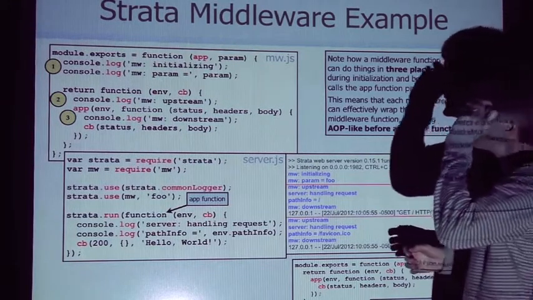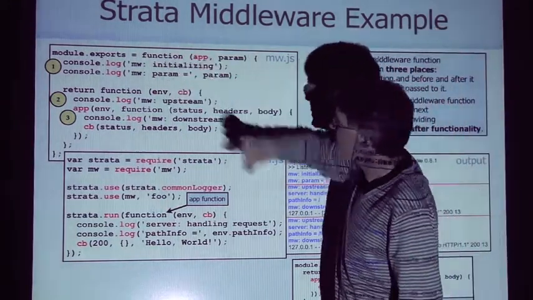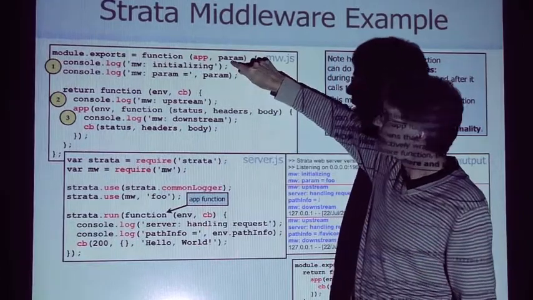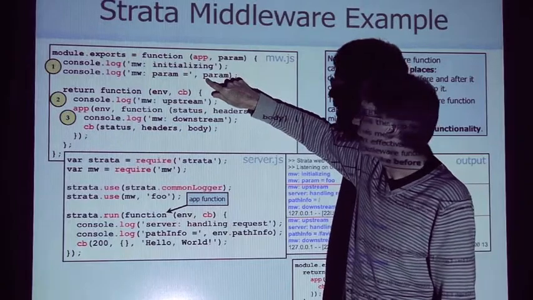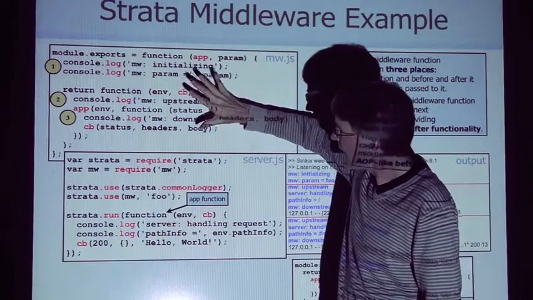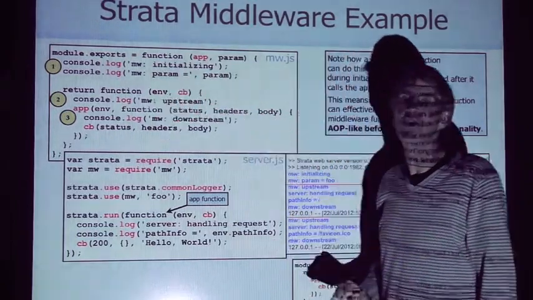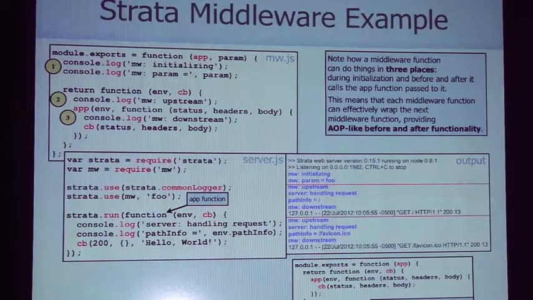The thing to notice is that my middleware is just a JavaScript function. It can accept parameters, and then I can show here that I actually got that parameter. Then the middleware has to return a function, and that function has to accept an env object and some callback that the response is going to end up going to.